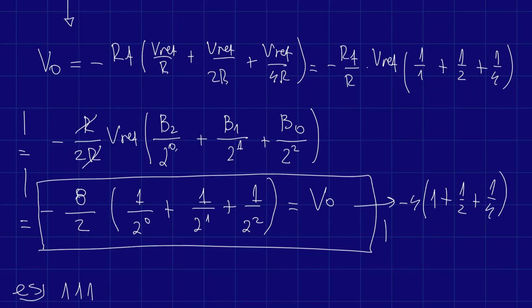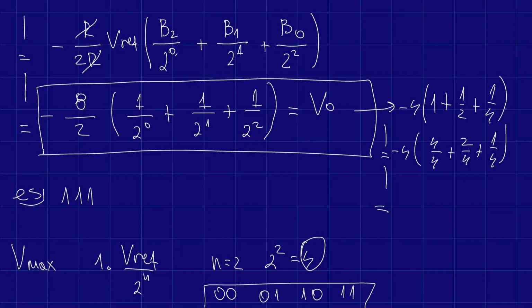And if you do some calculations inside of the parentheses, this would be 4 divided by 4, plus 2 divided by 4, plus 1 divided by 4, which would just be minus 4 multiplied by 7 divided by 4. And here, since they cancel out, we have 7 as a result.